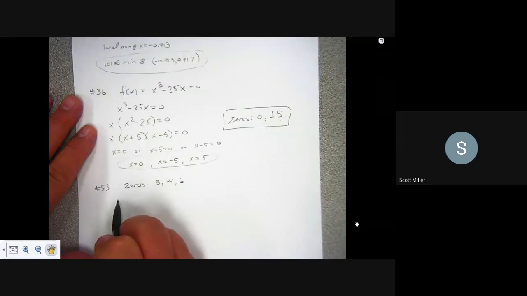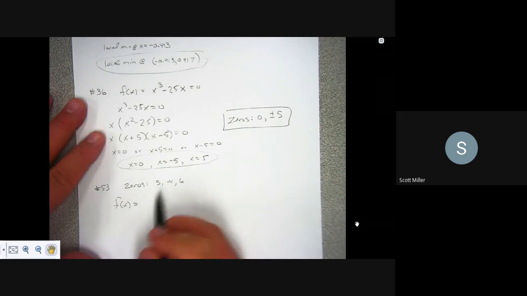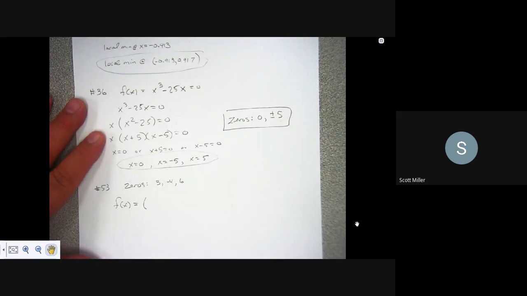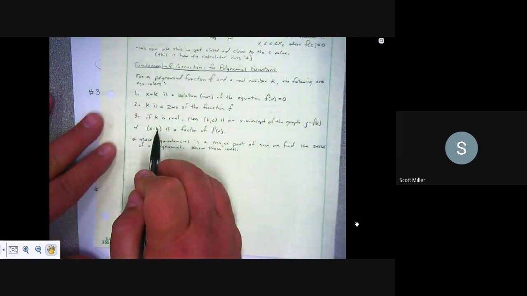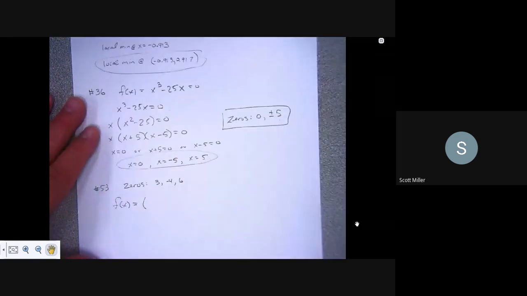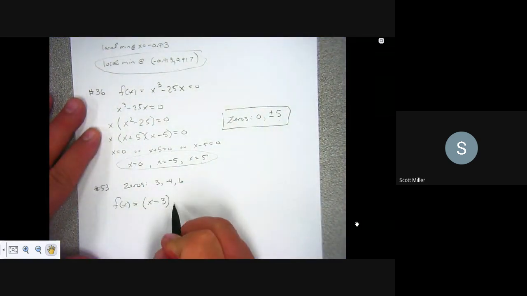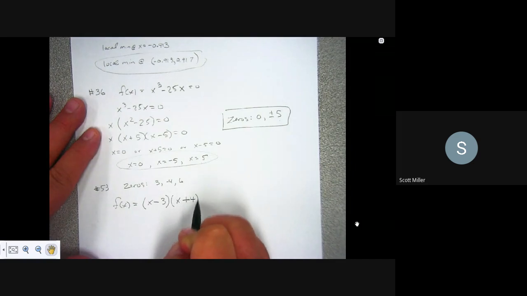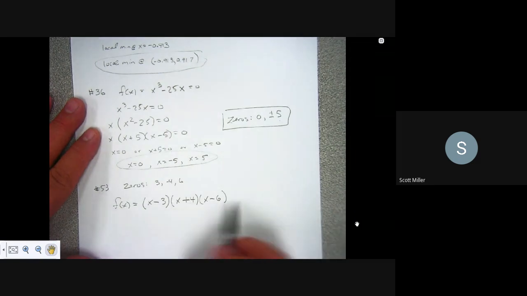So my original function in factored form, because these are zeros, I know that x minus that zero is a factor. So x minus 3 is a factor. x minus a -4 is a factor. And x minus 6 is a factor. And that's all of them.